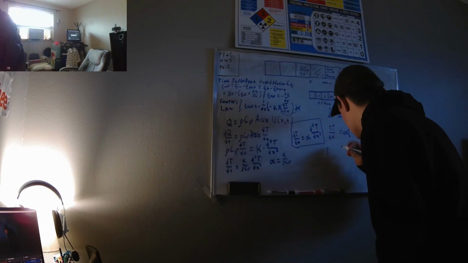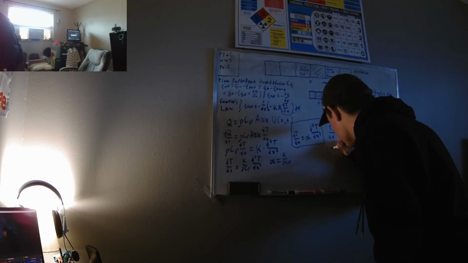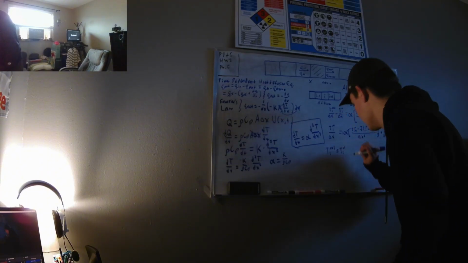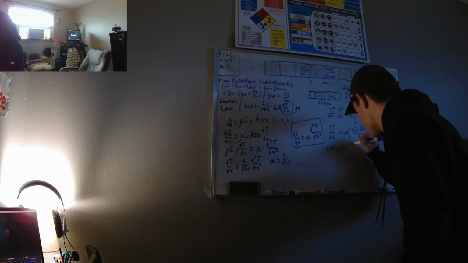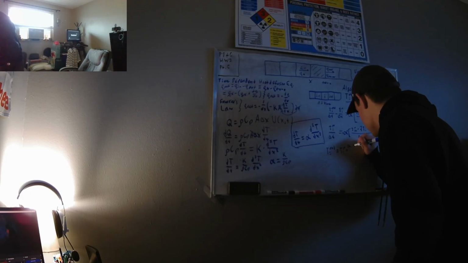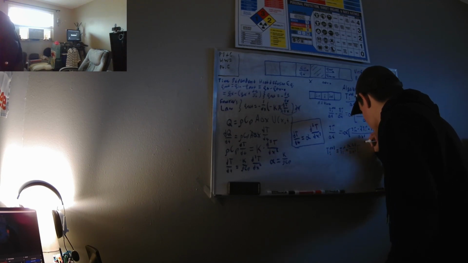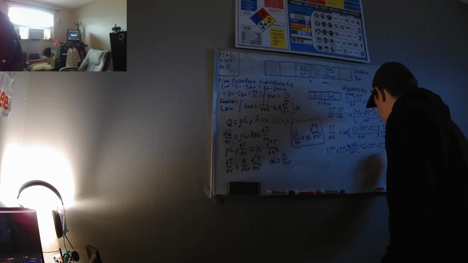Our T at i, n+1 is going to equal our T at i, n plus our alpha times delta t over delta x squared times our T n at i+1 minus 2 T at i, n plus T n at i-1.